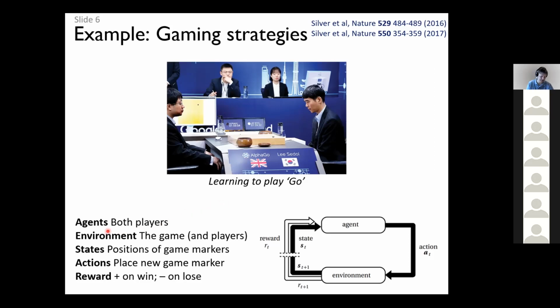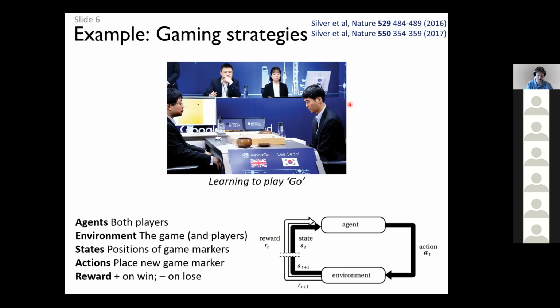And in this case, the agent is two agents. You have two different players that competed against each other during the learning. So they could have different strategies or the same strategy and play against each other. And by doing this, they will evolve and get better and better strategies.